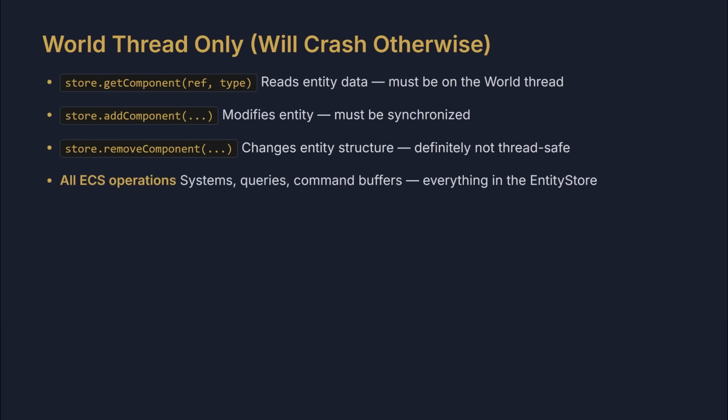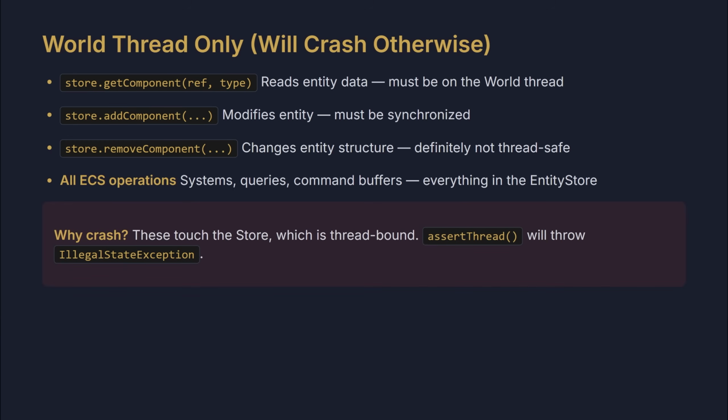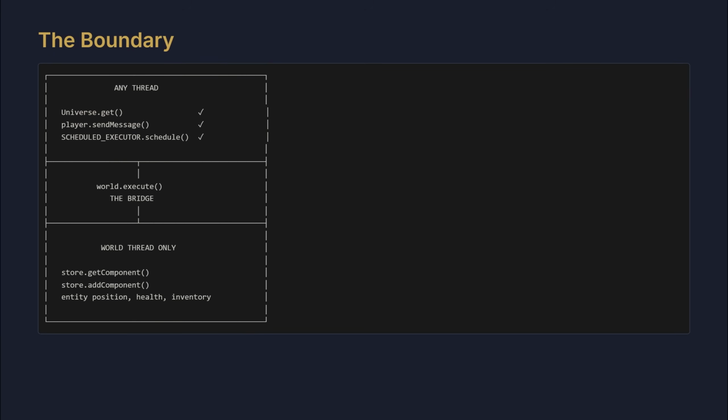Just to sum it up, almost every ECS operation, from systems to queries to command buffers, everything in the entity store, will crash if we are not in the same thread. These touch the store, which is thread bound. Assert thread will throw an illegal state exception. So we have methods that we can access from any thread, and we have methods that we can access from the world thread only.